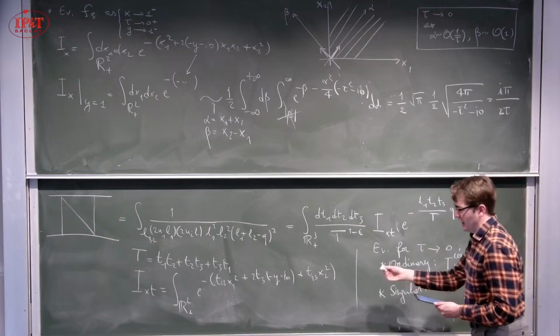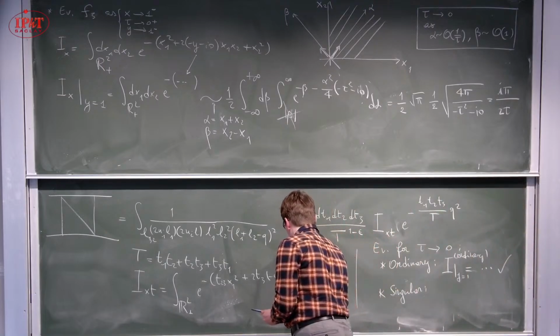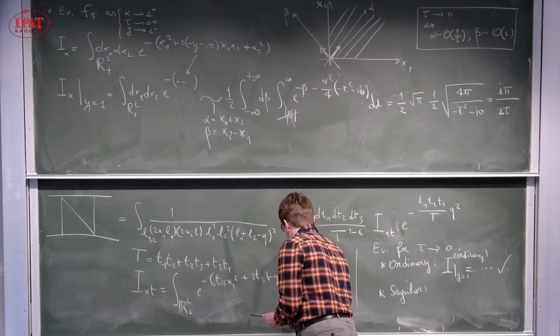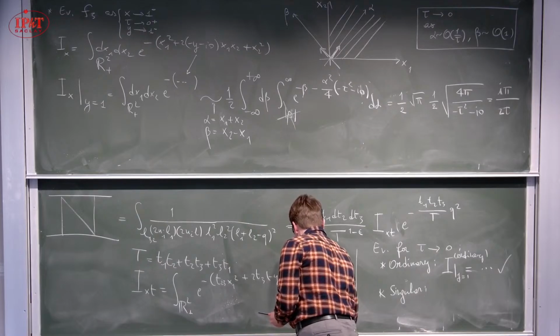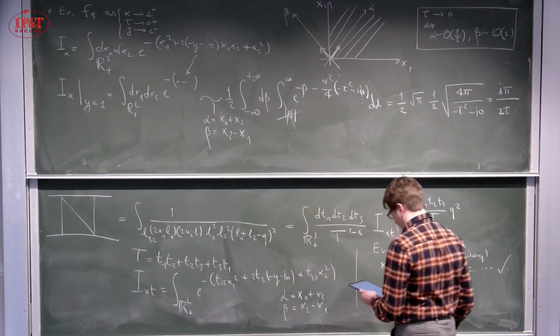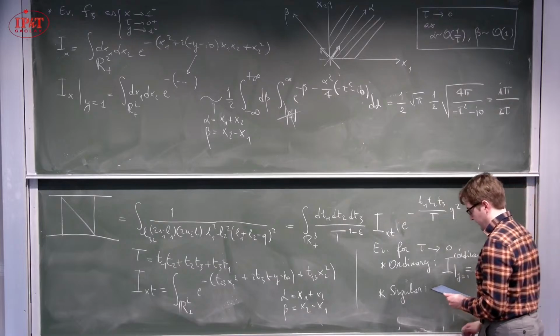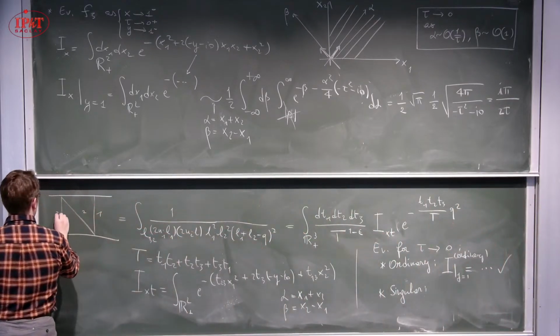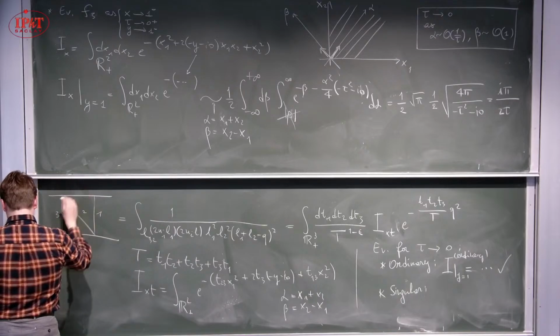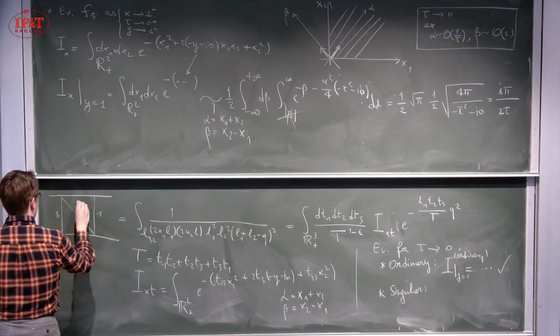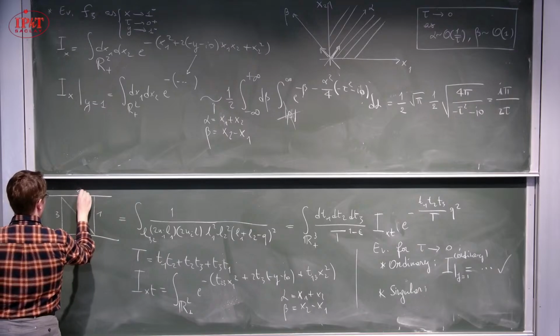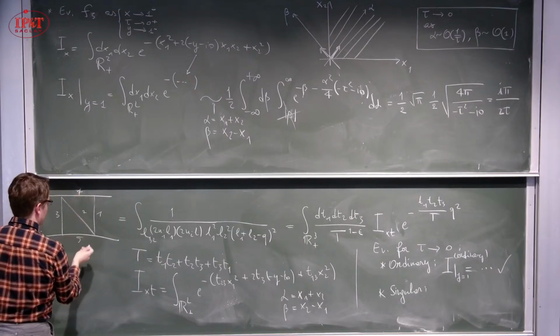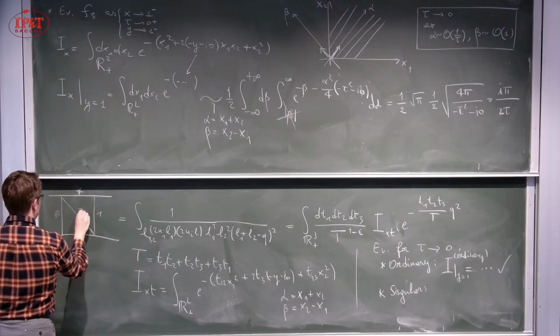So you again introduce alpha and beta as before. And now the scaling is slightly different. In particular, the novelty is this factor. I think it's like this, could be the other way, it's not really important.